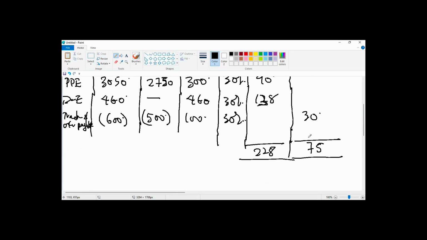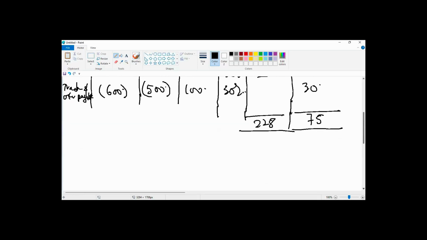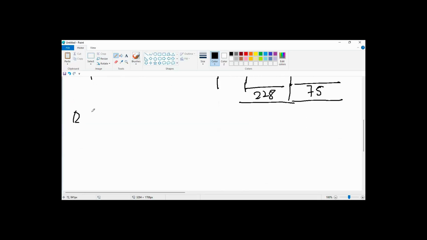So with this, I can now derive the deferred tax balance as at 31st October.